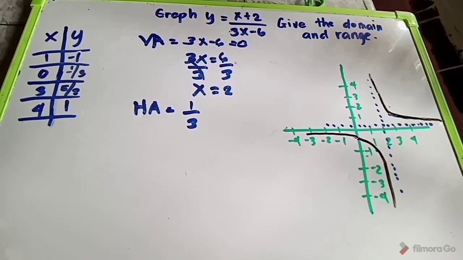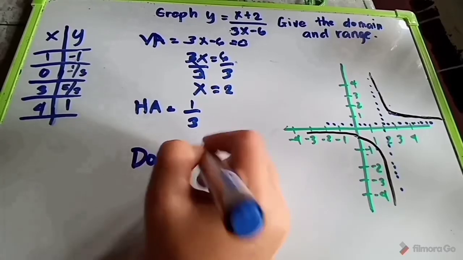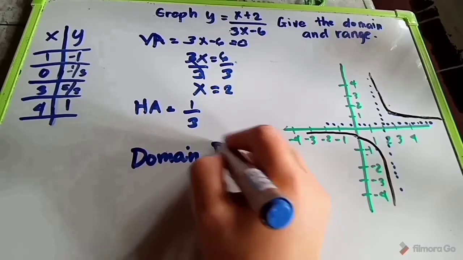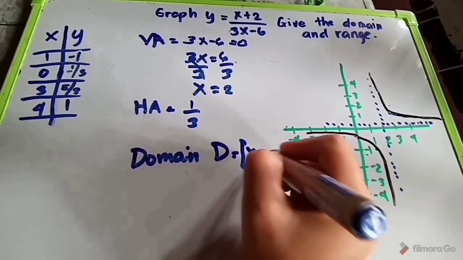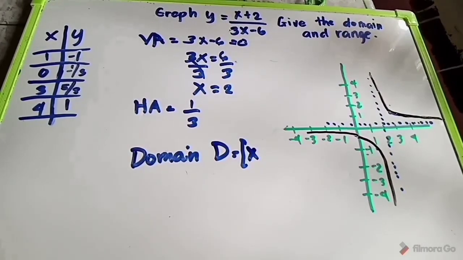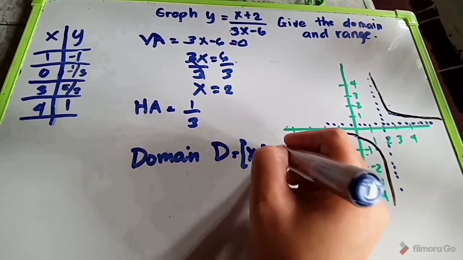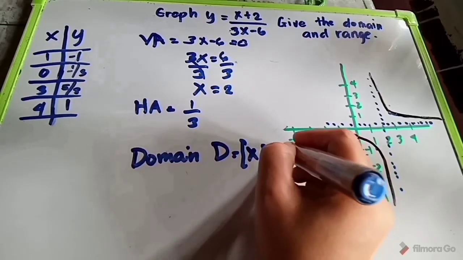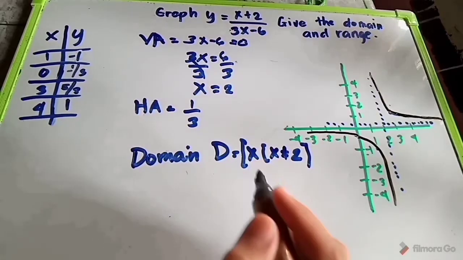So, give the domain and the range. So the domain will be all the elements of x. So it means to say all the elements of x, all the values of x, not only x is equal to 2. Not only 2, all the values of x.